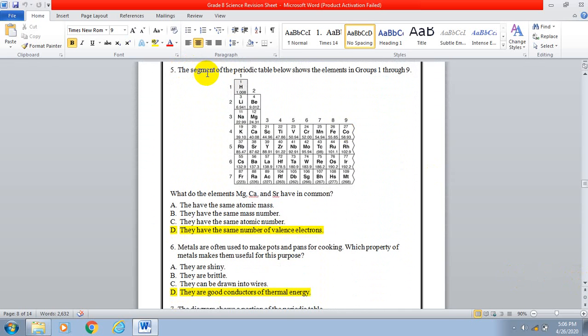The 5th one. The segment of the periodic table below shows the elements in group 1 through 9. What do the elements magnesium and calcium have in common?